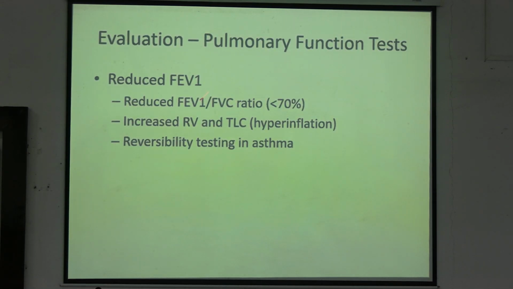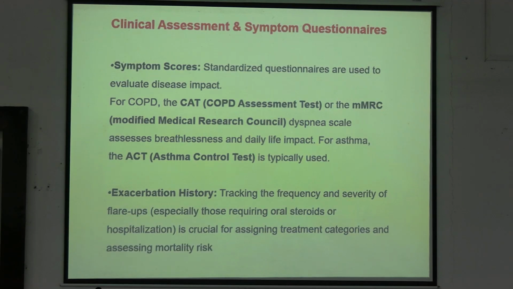In pulmonary function test, there will be a reduced FEV1 by FVC ratio, that is less than 0.7 or 70%, and increased residual volume and total lung capacity because there is hyperinflation, and reversibility testing in asthma. Clinically, we can assess the diseases by symptom score.